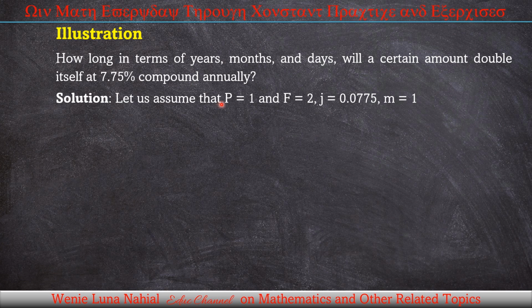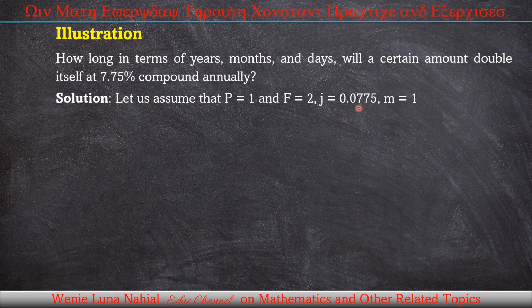So let us assume that our P is equal to 1 and our F is equal to 2. That is because the problem states that the amount doubles itself. So if the present value is 1, the compounded value is 2.